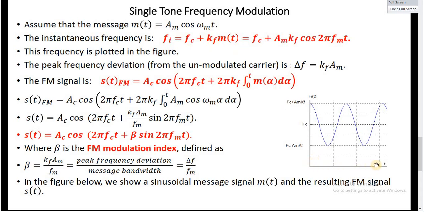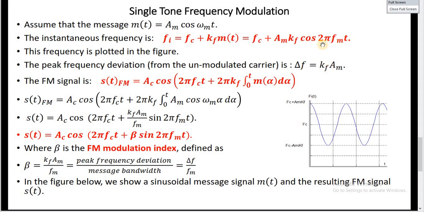In this figure, this is the time axis and Fc is the unmodulated carrier frequency, and this blue line is the instantaneous frequency. This is the magnitude of the instantaneous frequency at t equal to 0. At t equal to 0, Fi equals Fc plus Am k sub f.